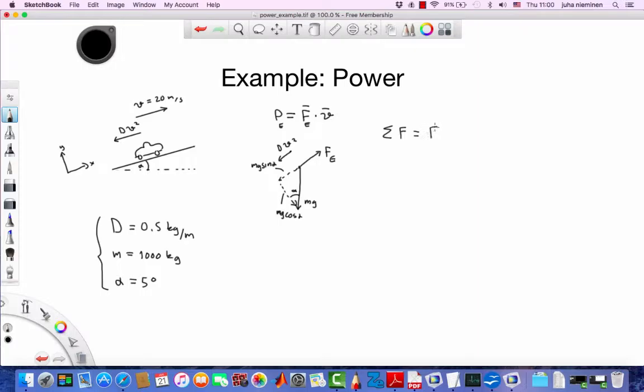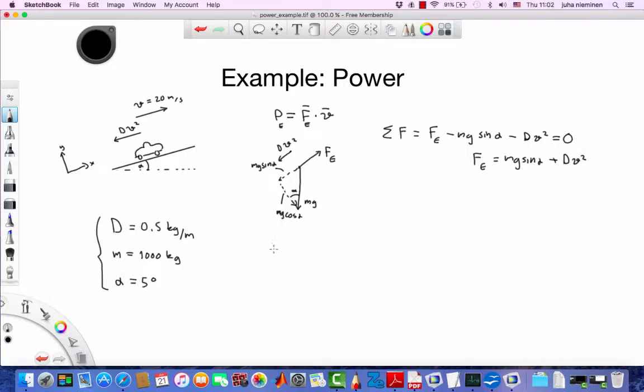So we have the force from the engine, and then the component of gravity that we are fighting against, and also the drag force that is slowing us down. And these have to sum to 0, like I just explained. So Fe, the force from the engine, equals mg sine alpha plus dv squared.